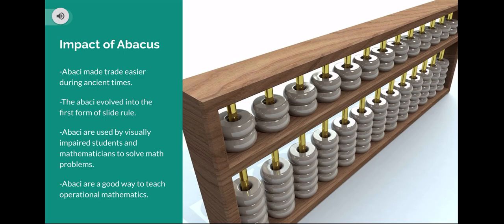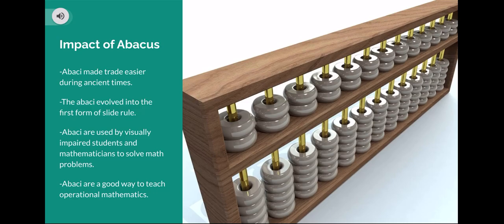Nowadays, abaci are mainly used for teaching purposes, and that is especially true for students who are visually impaired, as abaci give them a better number sense with the physical ability to touch.